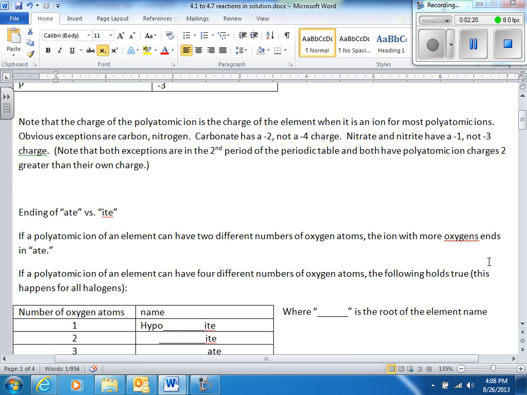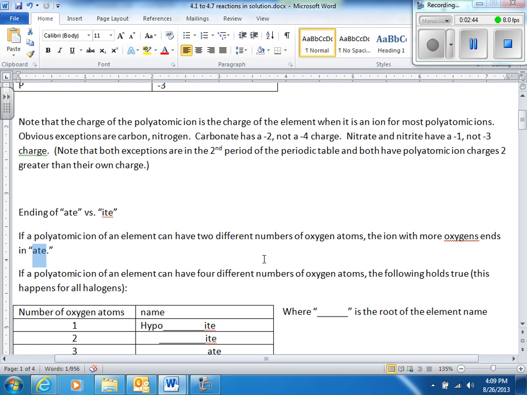The names of the polyatomic ions, well, we have a lot of ates and ites: nitrate, nitrite, phosphate, phosphite, sulfate, sulfite. When you have two possible different oxygens, the polyatomic ion with more oxygens will end in ate.